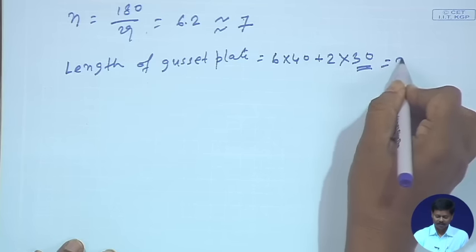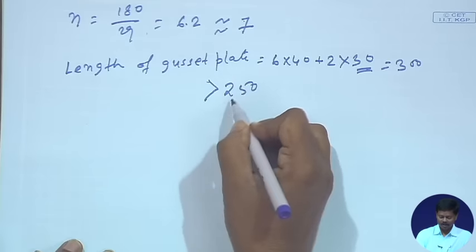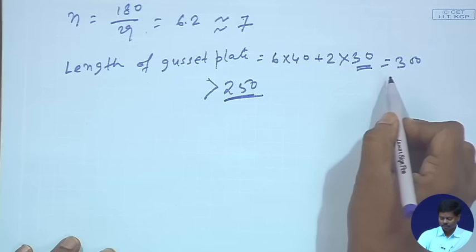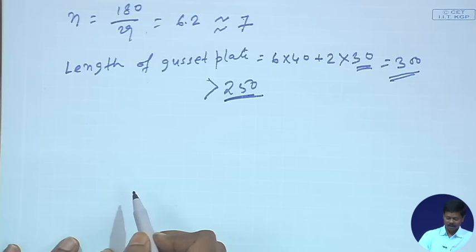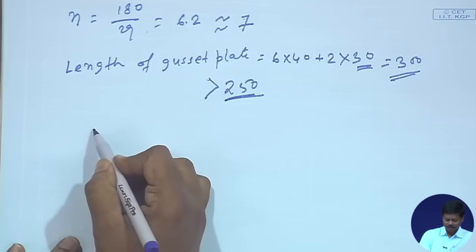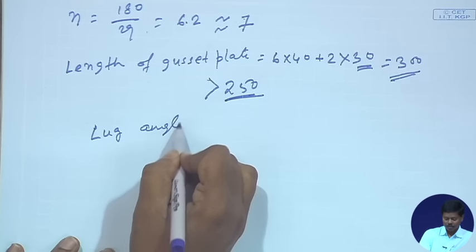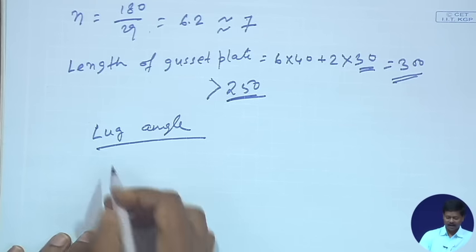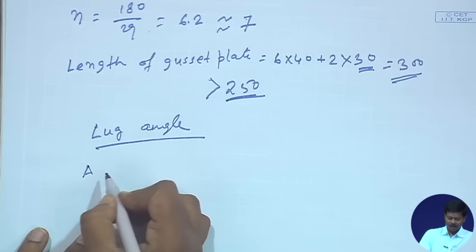So, this becomes 300 and that is greater than 250, because available length is 250 mm. Therefore, we need 300 mm length of gusset plate, however, available length of gusset plate is 250. So, we can provide lug angle, means we have to provide lug angle to accommodate this. Okay.